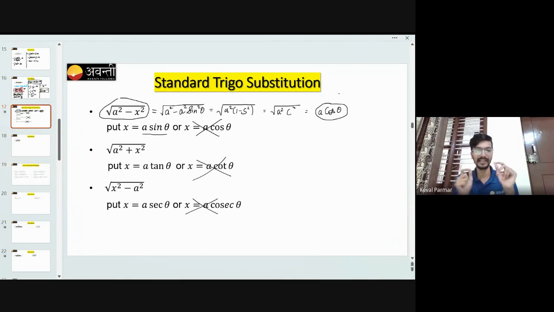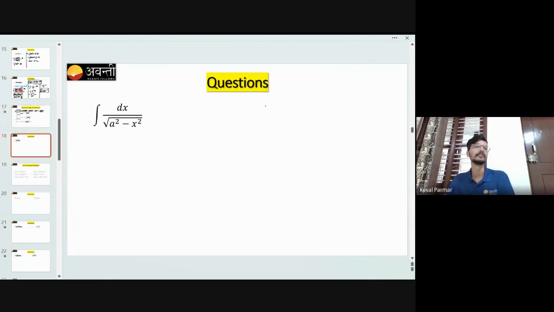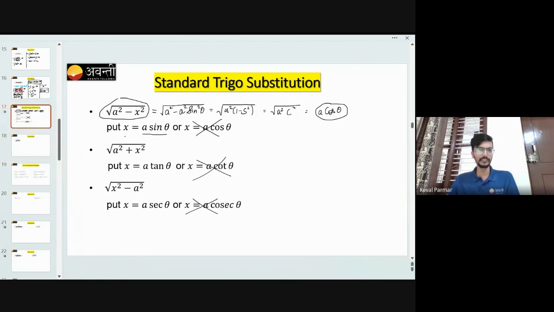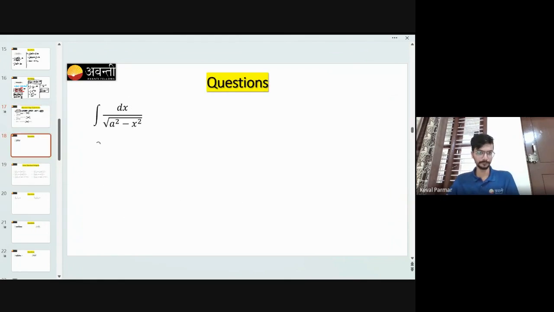Now let's try one of the examples, or let us try to prove one of the formulae. Suppose I need to prove this. This is a formula, if you know. So we just prove what the integration of this equals to. We saw a square minus x square, the first one only. So we'll put x equal to a sine theta.